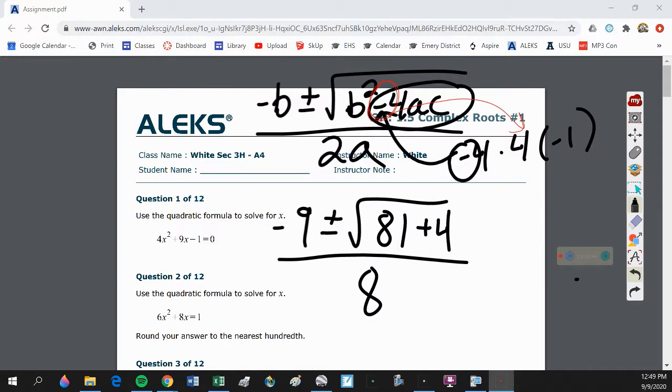So we simplify what's inside that square root. Negative 9 plus or minus the square root of 85 over 8. And does 85 factor? Factors into 5 and, would that be 17?